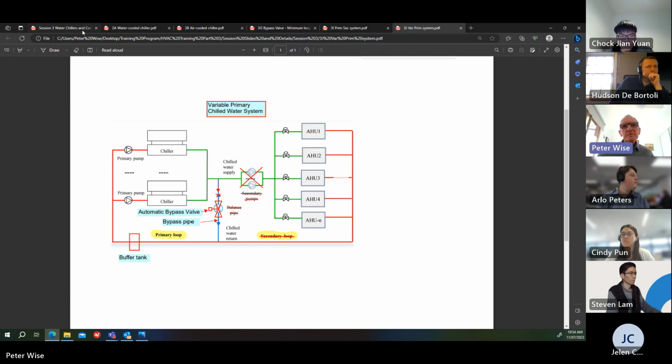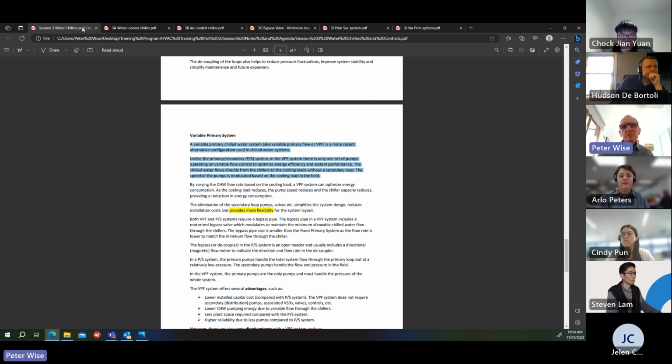As I said, there's only one set of pumps operating on variable flow control to optimise the energy efficiency and system performance. So people thought, well, okay, let's take advantage of the energy efficiency opportunities with the chillers and VSDs on pumps. The chill water, in this case, flows directly from the chillers to the loads without a secondary loop.